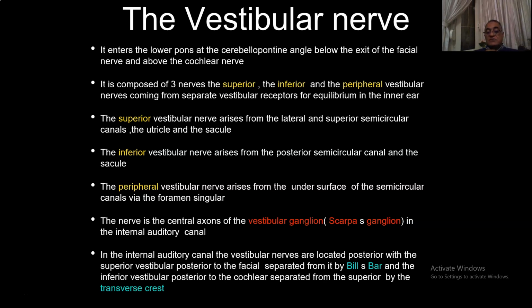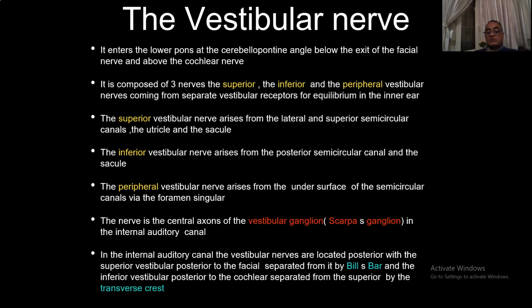Superior vestibular nerve arises from the lateral and the superior semicircular canals, from the utricle and the saccule, as we will see, and we'll know the functions in one moment, while the inferior vestibular nerve arises from the posterior semicircular canal and the saccule.